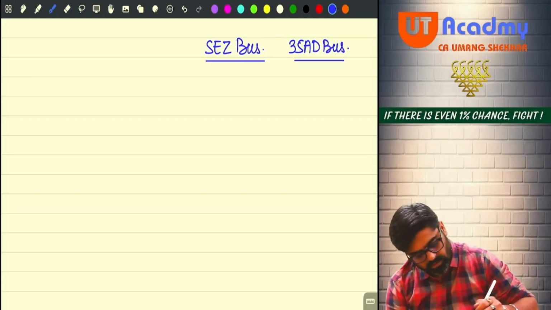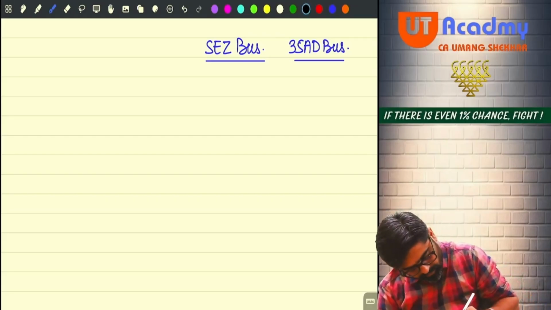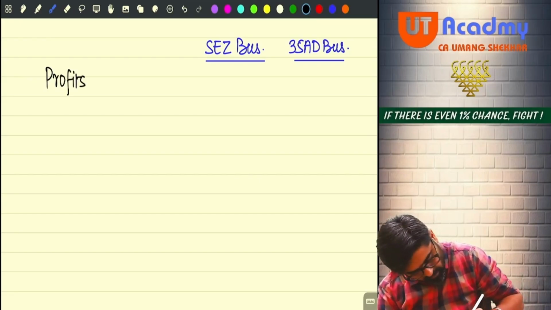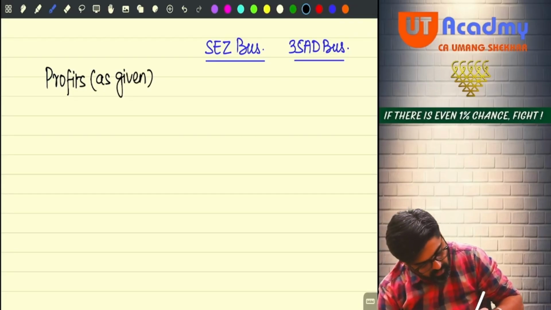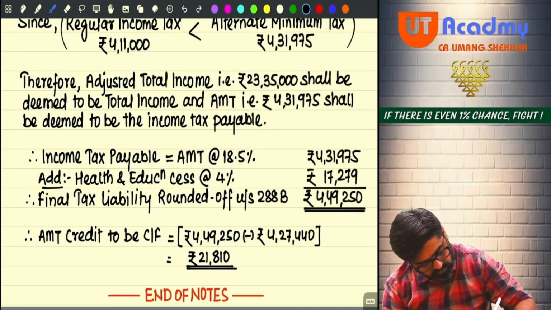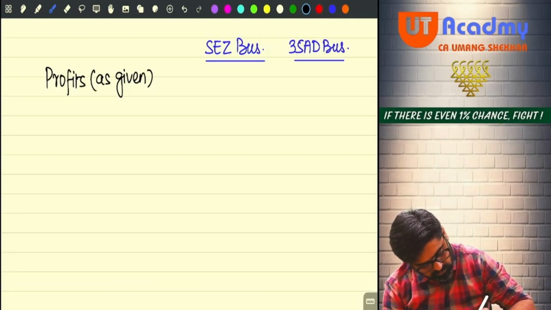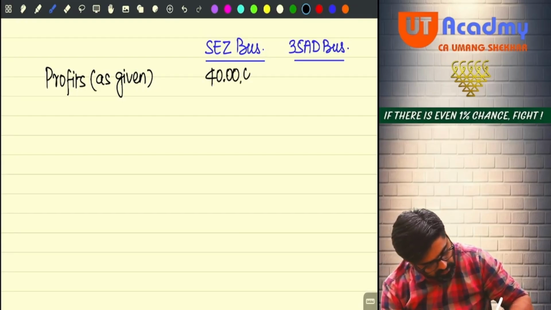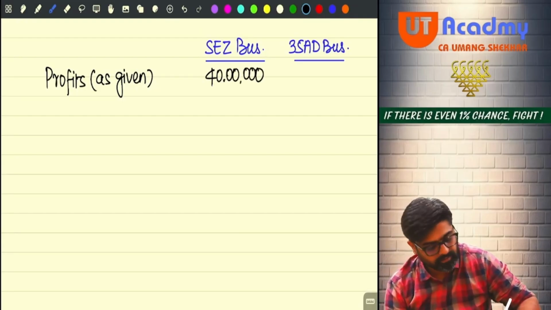Yes or no? Now the profit is as given. What was the profit of my SEZ business? 40 lakhs. And what was the profit of my 35 AD business? 1 crore 5 lakhs.